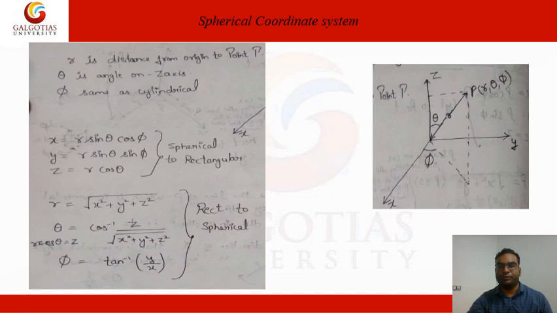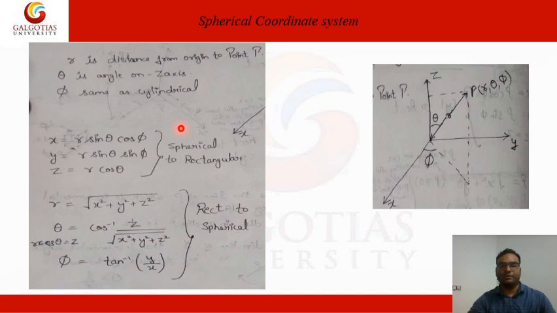A projection of point P in the xy plane, the distance of that projection to the origin is rho, and the angle made by the x-axis with rho is phi. So r is the distance from origin to point P, theta is the angle from the z-axis, and phi is the same as cylindrical. Now let us convert spherical to rectangular.